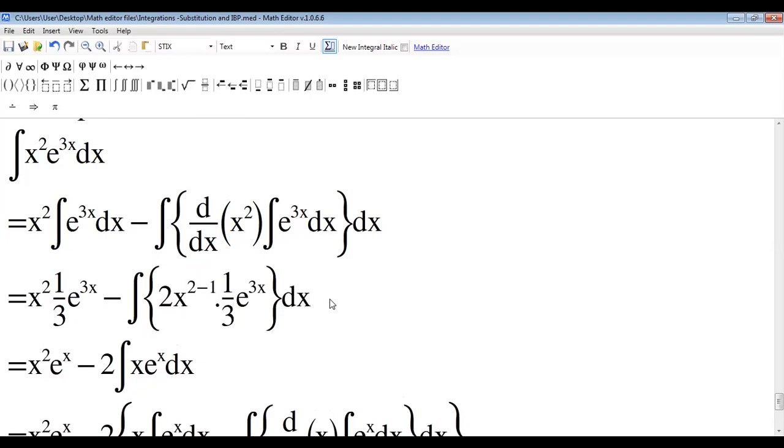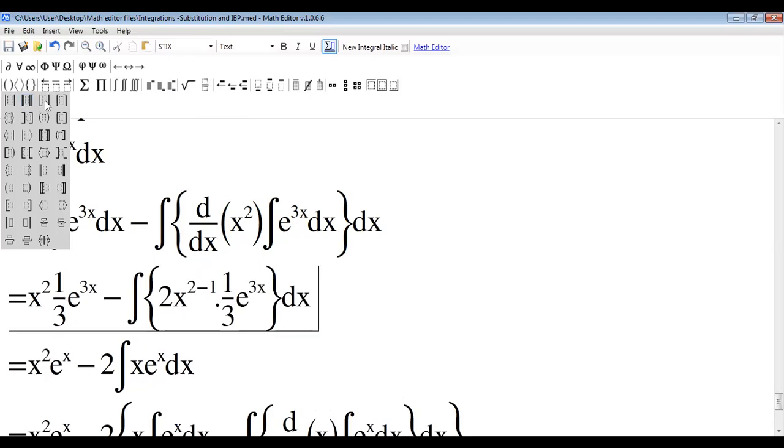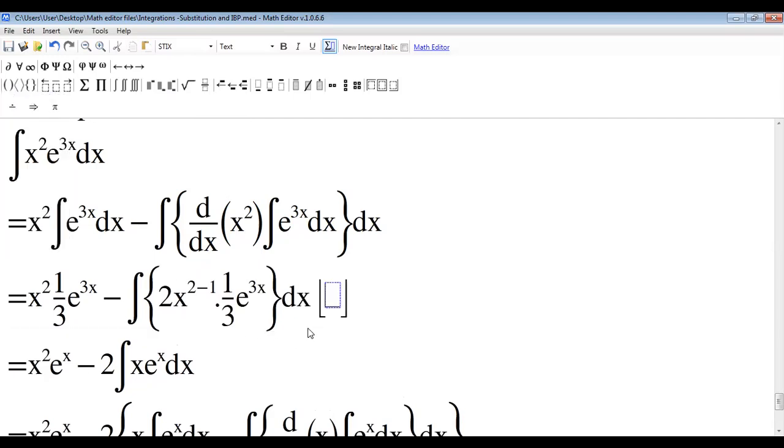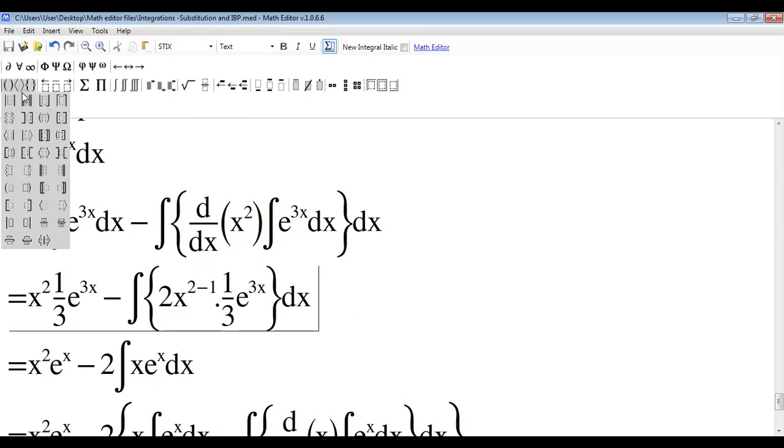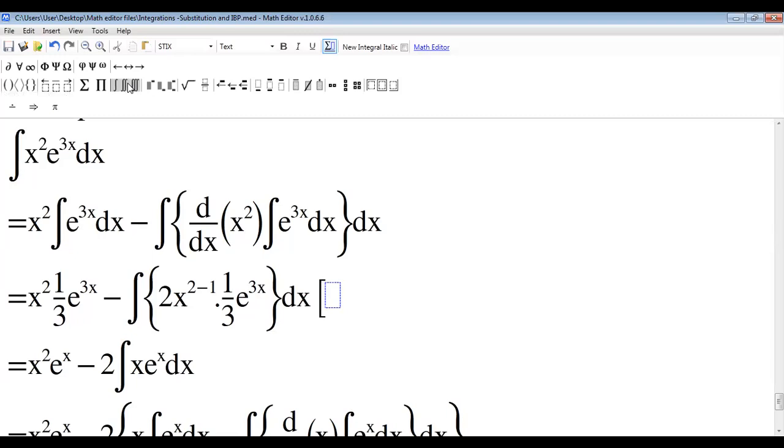Suppose the formula for e to the power mx. Do you know the integration of e to the power mx?